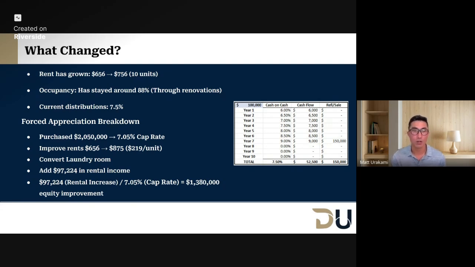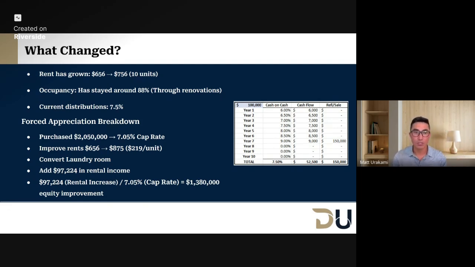Through these renovations, our occupancy has stayed around 88%, and current distributions annualized to date are at 7.5%. So we were able to beat that metric of going in day one. There was still cash flow, but through renovations and improving rents and operational efficiencies, we've been able to beat that as well. So just from an example standpoint, the forced appreciation breakdown.